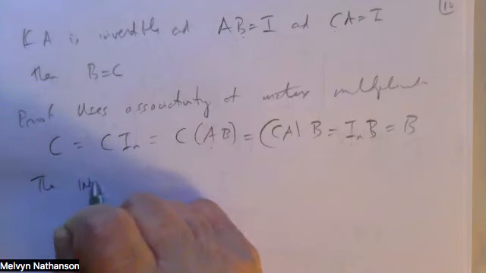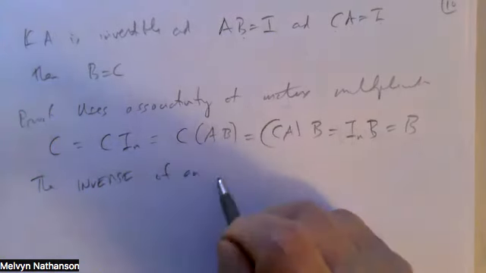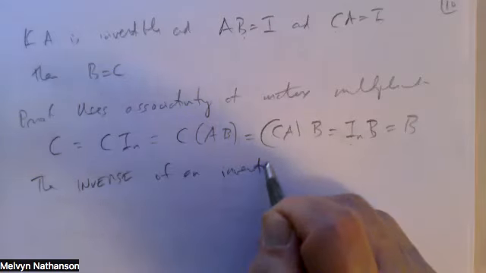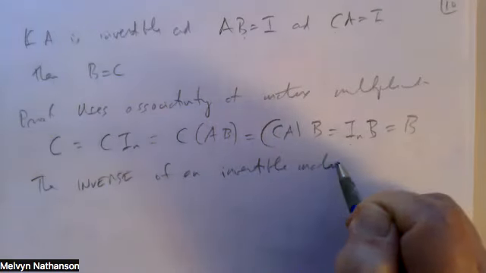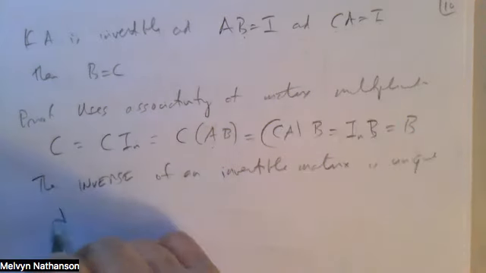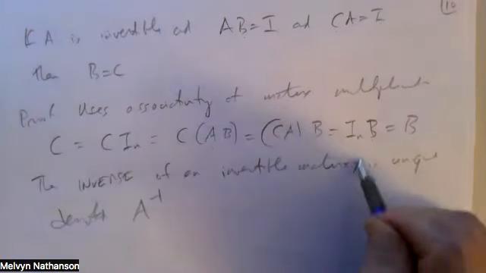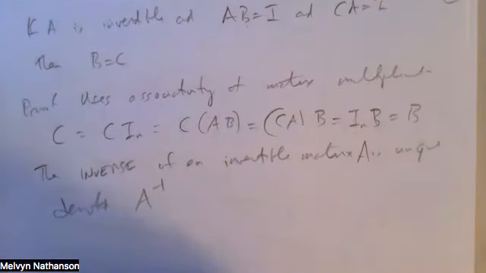So the inverse of an invertible matrix, a matrix that has an inverse, is unique and denoted A inverse, A to the power minus 1.